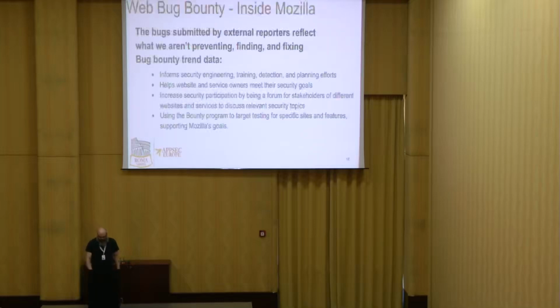The reason is that bugs submitted by external reporters reflect what our processes for detecting and preventing them in the first place are missing. So we use it to inform the rest of our program, and we're going to talk about that a little bit more in a minute.